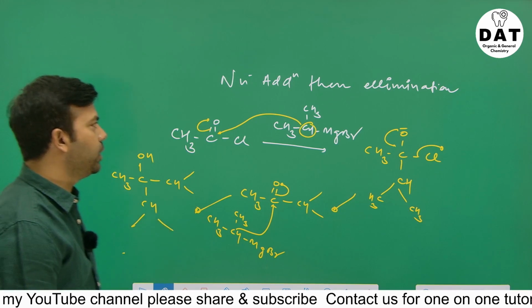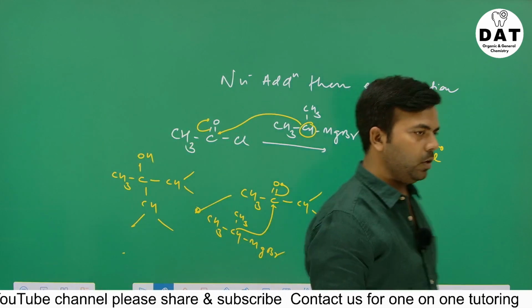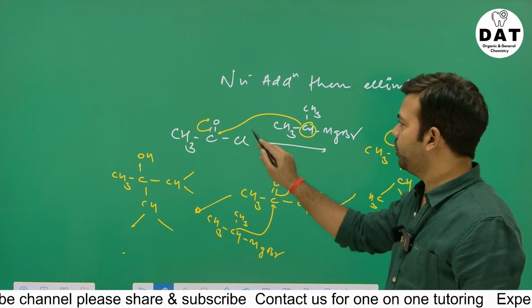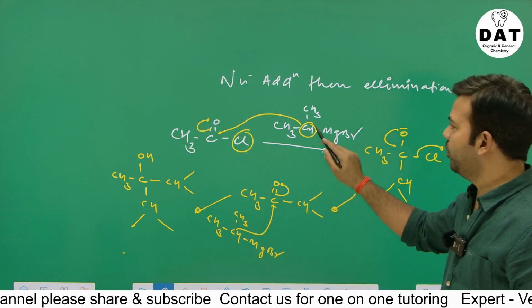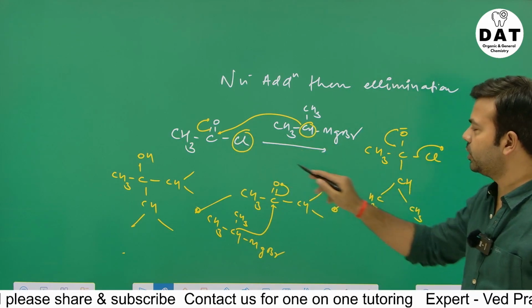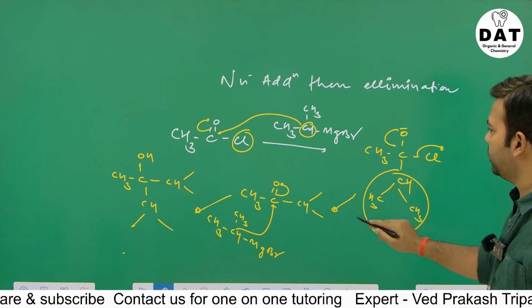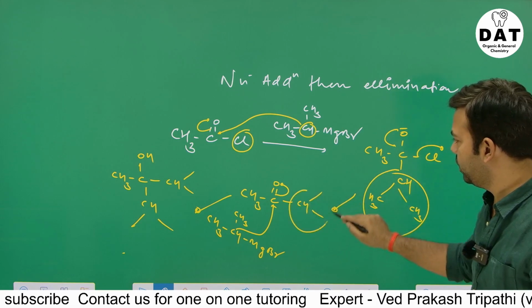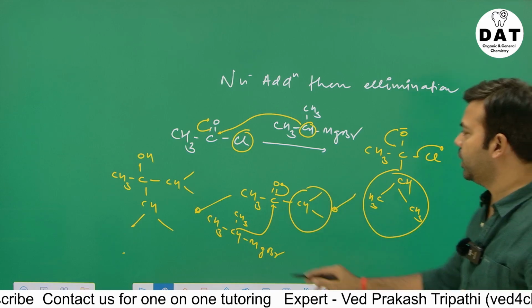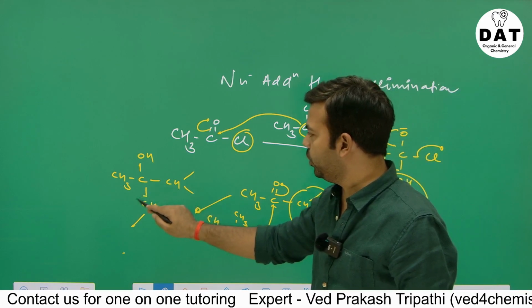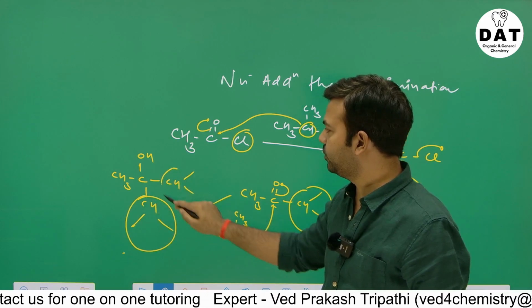So look at the trick here. This is a leaving group. 1 mole of Grignard is used to eliminate this chlorine. So this is a nucleophile. It can again react with Grignard and there are 2 moles of nucleophile in the final product.